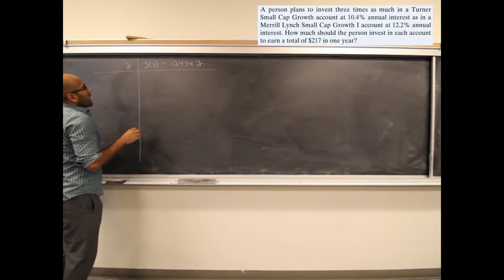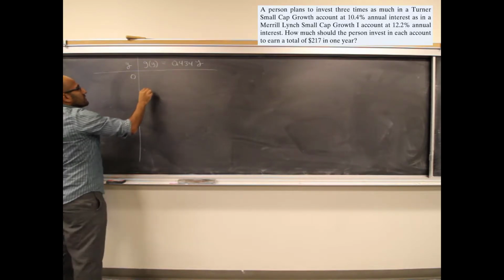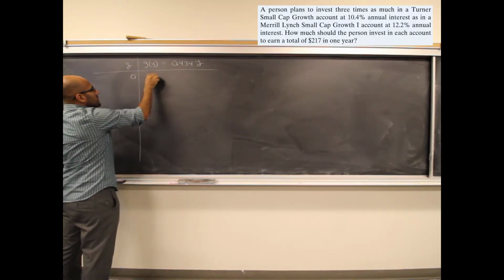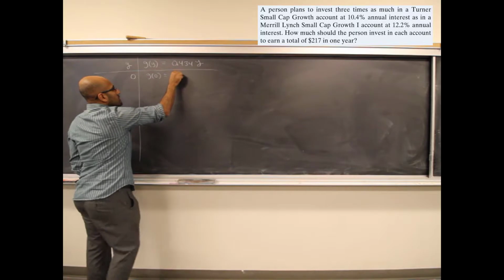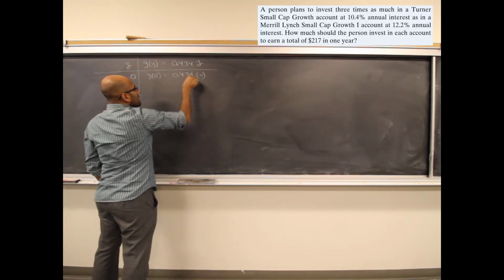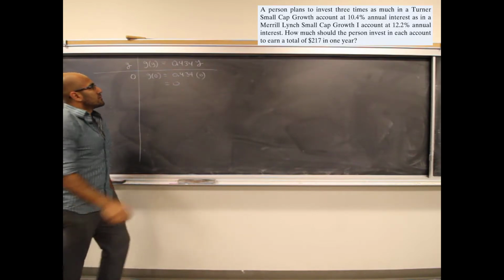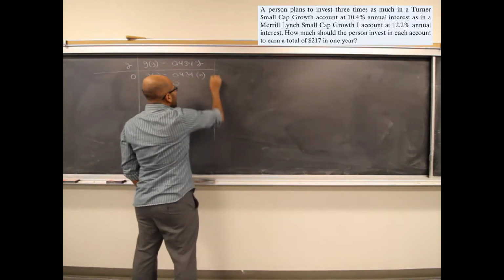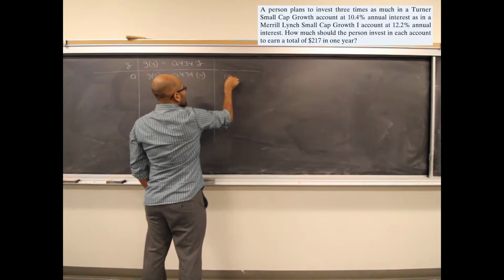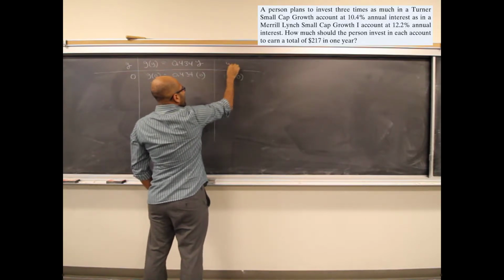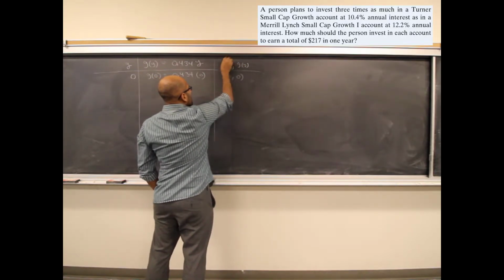Y there. So let's say we put 0 there. Then what happens here? G of 0 equals 0.434 times 0. So we just get 0. What does this mean? This is the ordered pair 0, 0, where we have y and g of y.